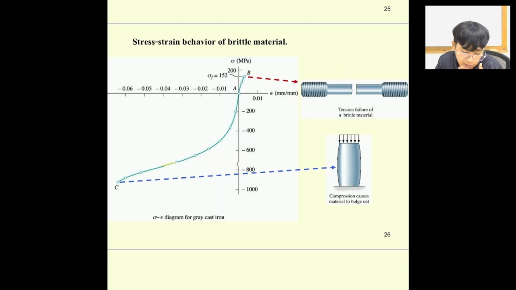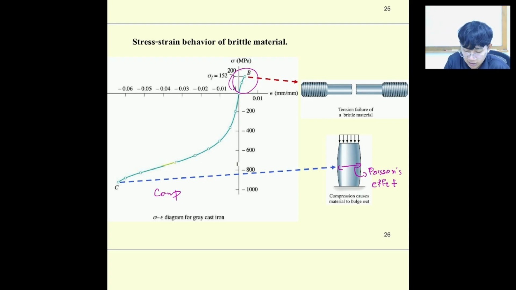If we look at the stress strain curve of the cast iron, you can see that cast iron is really good in compression compared to the tension, but it also can absorb some tension.